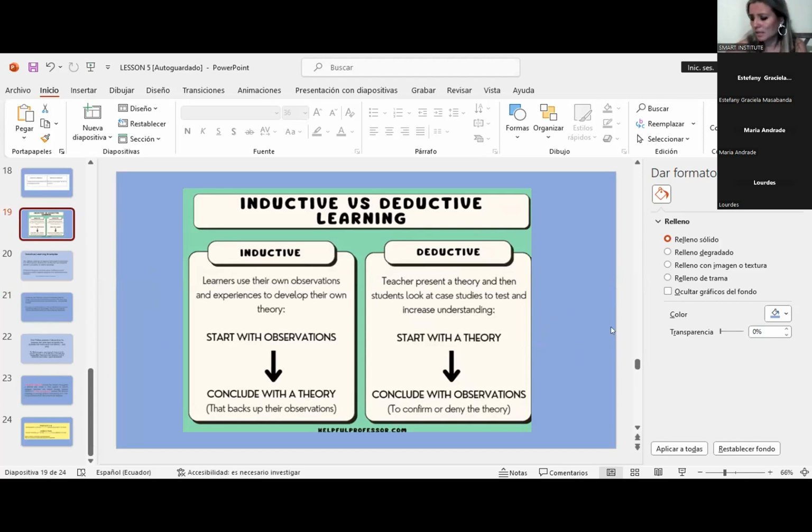But there is no problem because, as I told you, I teach in the deductive way. It's good too. For example, for my beginner students, I can teach with deductive, exposing the grammar first, right?